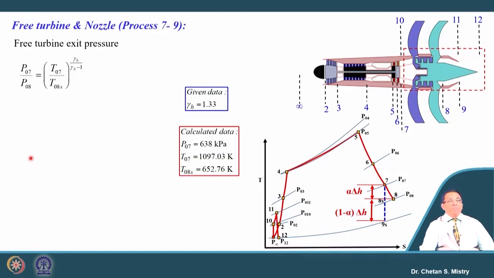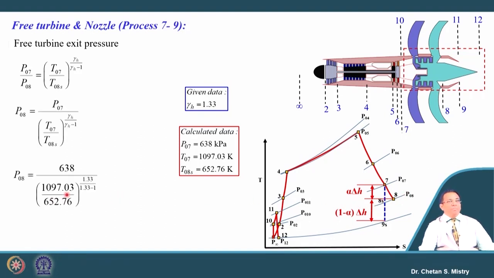That outlet pressure can be correlated through the isentropic correlation, given by this ratio: P07 by P08 is given by T07 by T08S to the power gamma over gamma minus 1, because this process from 7 to 8S is an isentropic process. If we have this information, we can calculate the pressure P08. So, let us try to calculate that pressure.